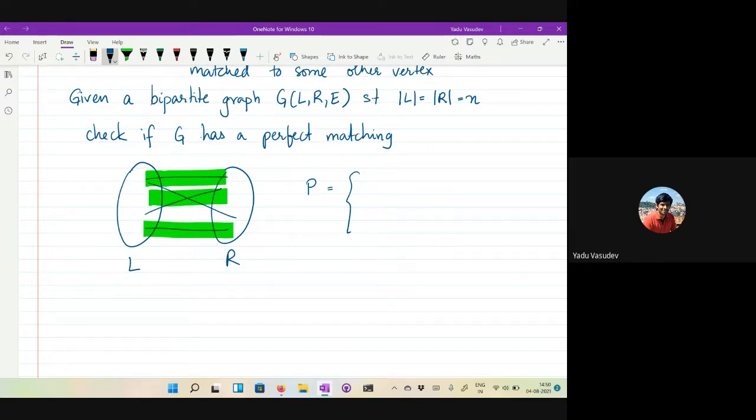We'll say that P of i comma j is x_ij if the edge i comma j is in the graph, and it is 0 otherwise. So for every edge, you have this. This matrix P is an n cross n matrix.